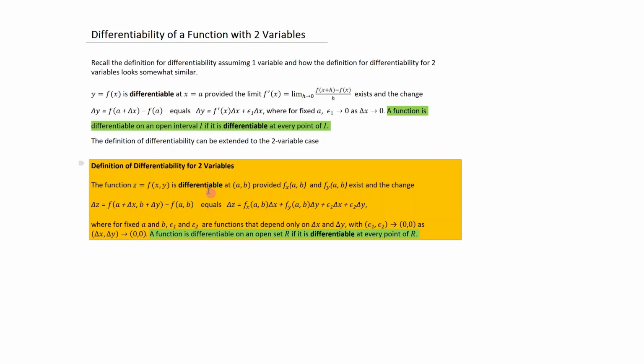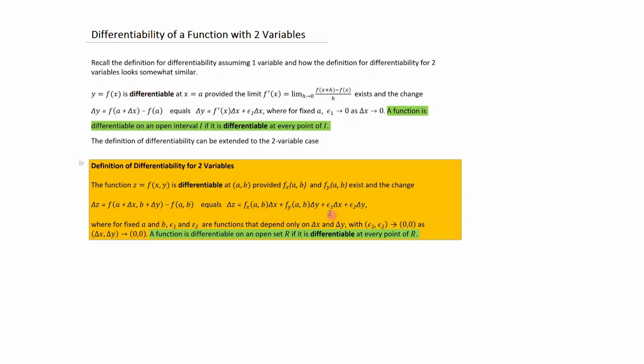The function is differentiable at (a, b), provided that f partial x evaluated at (a, b) and f partial y evaluated at (a, b) exist, and that the change, this change now takes on a slightly different form. Delta z is now f evaluated at a plus delta x, and the y component is evaluated at b plus delta y, minus the original value, which is at a and b. And this should be equivalent to delta z, where this now is linearly related to delta x and delta y.